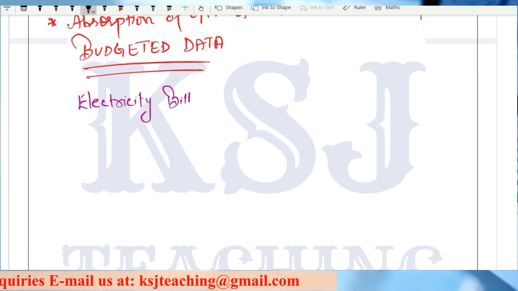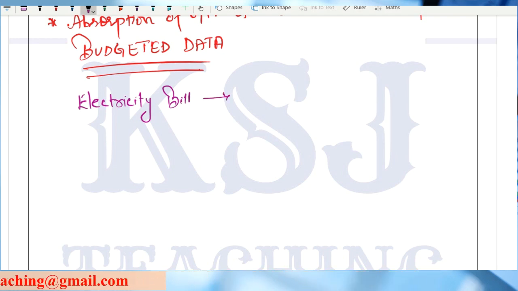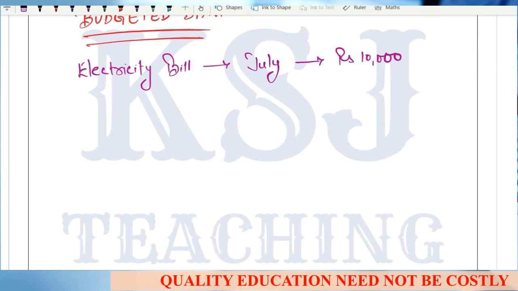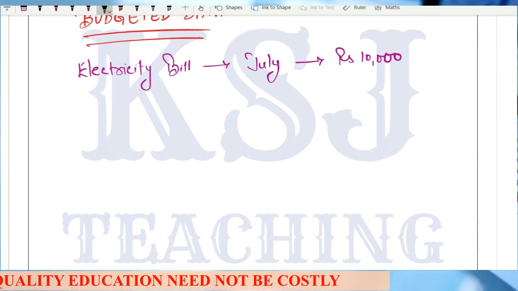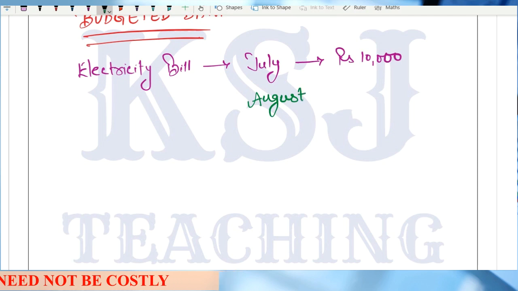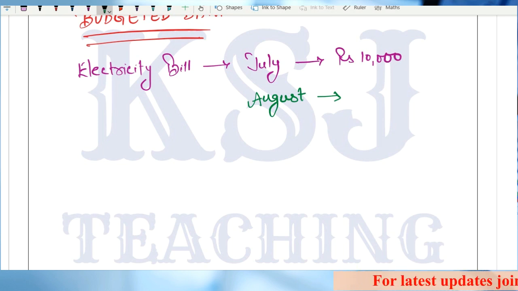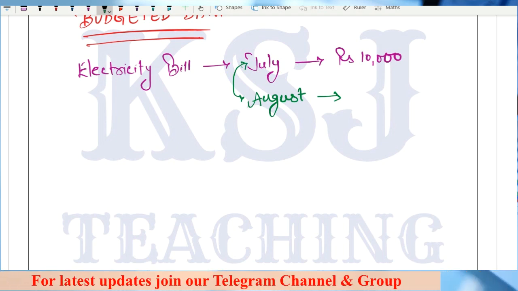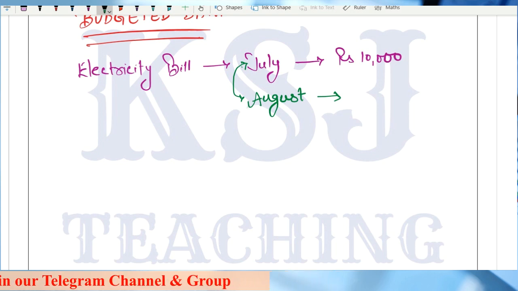Say, in your home, you have an electricity bill for the month of July, that is, say, rupees 10,000. Now in the month of August, which has just started, your father anticipated that because the weather remains the same in July and August, the same number of air conditioners and fans will be used, and everything will be used in August as in July.